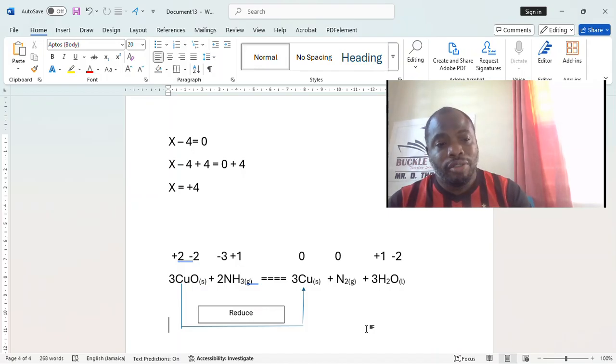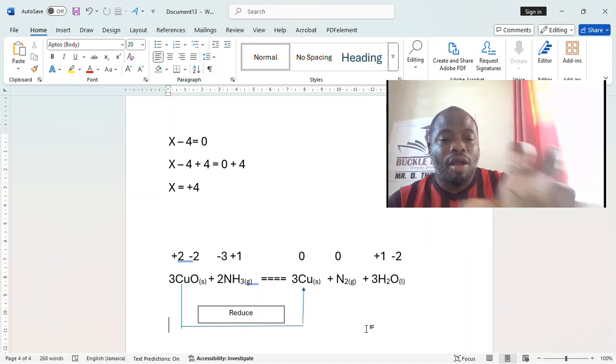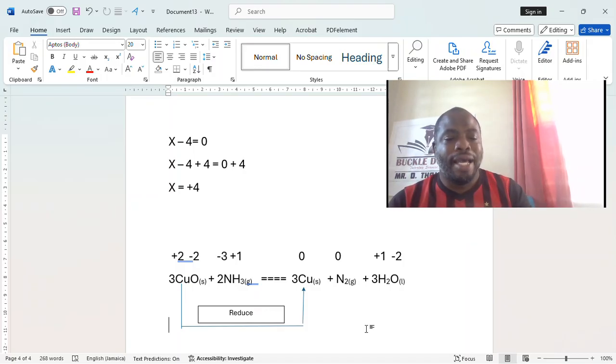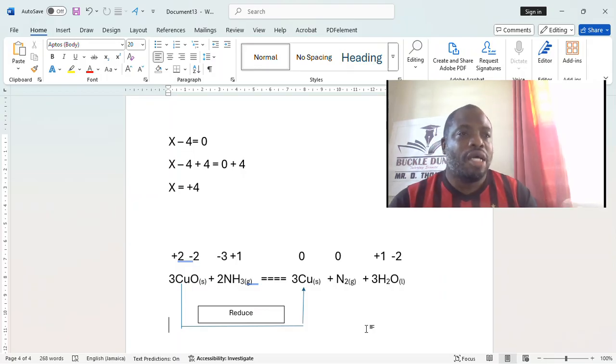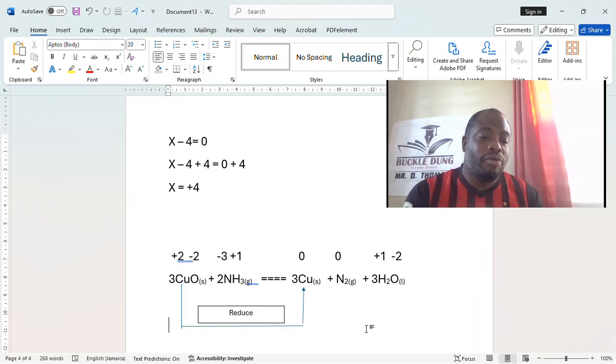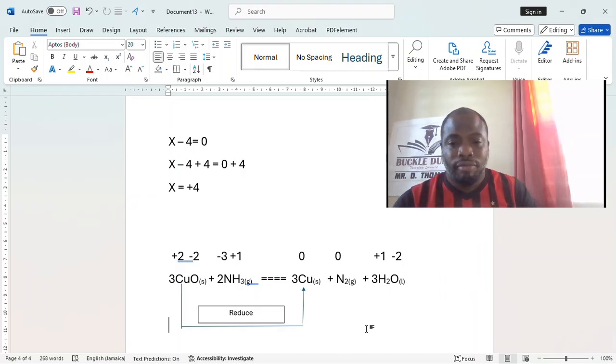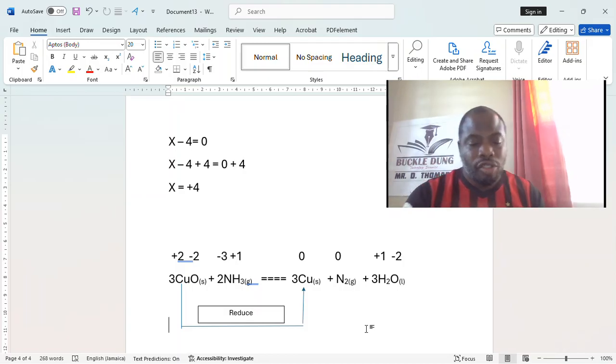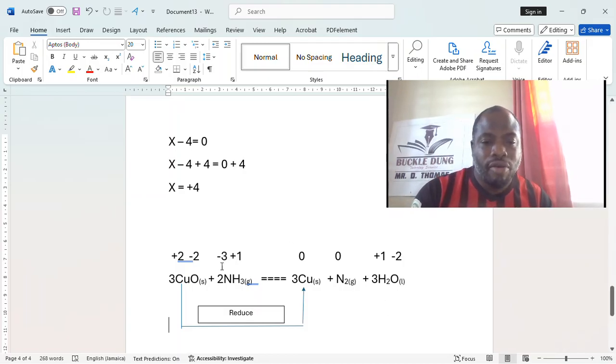We can ask you about writing a balanced chemical equation and the state symbols. So this question can capitalize on all of those. So don't think that you might just be getting one aspect and just say, oh, this is oxidation and reduction. They can ask you about that. It could have involved moles. It could have involved identification of gases. So that's how CXC will be coming at you in May. So you have to know these things going forward.